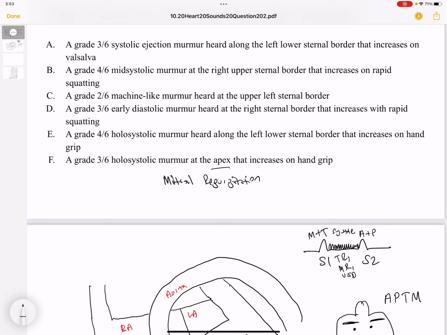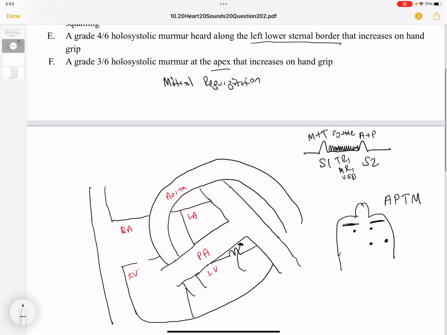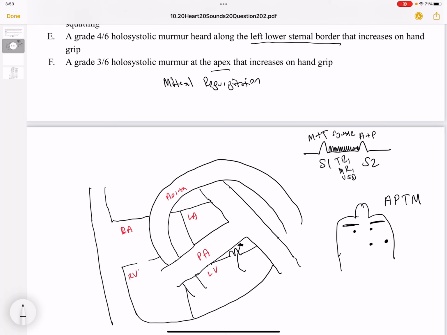Now let's look at answer choice E. A grade 4 out of 6 holosystolic murmur heard along the left lower sternal border that increases on hand grip. Again, we're talking about a holosystolic murmur. It is going to be along the left lower sternal border.